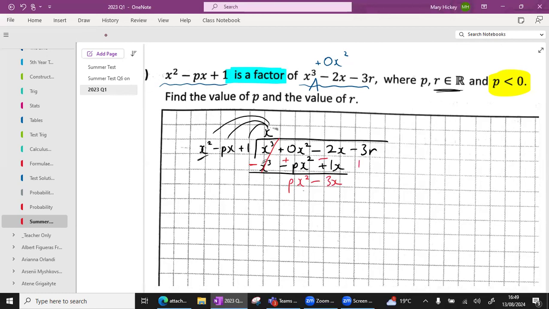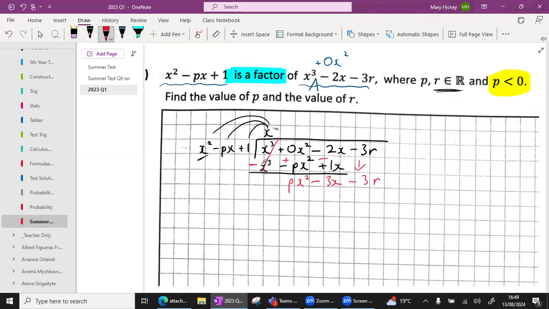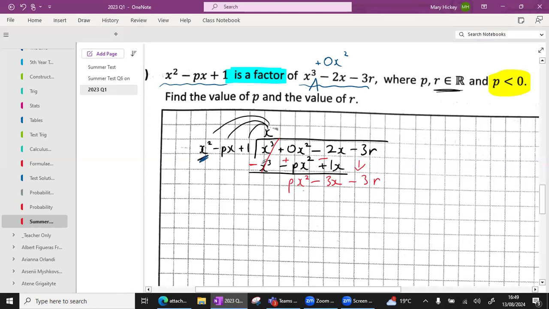And then normally I drop down the next term, minus 3r, and I would start the process again. So what's the process? Well, I go through my sentence and I say, how can I make an x squared into a px squared? Well, I would need p. Multiply back. P by x squared is px squared. P by minus px is minus p squared x.